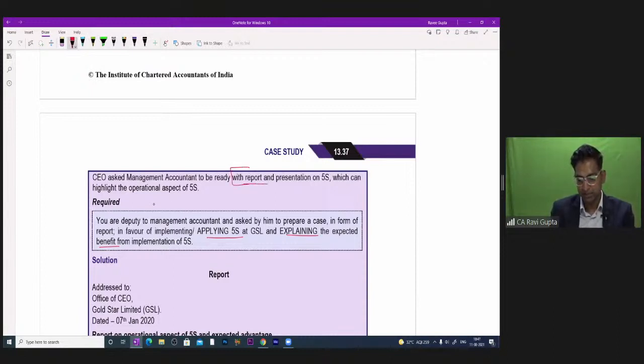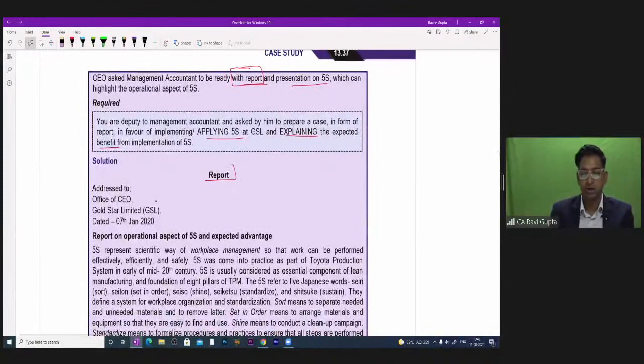As it has said that you need to prepare a report and presentation on 5S, definitely it should be in the form of a report. If you are not writing in the form of a report, definitely your marks will be deducted. So it should be mentioned as a report.